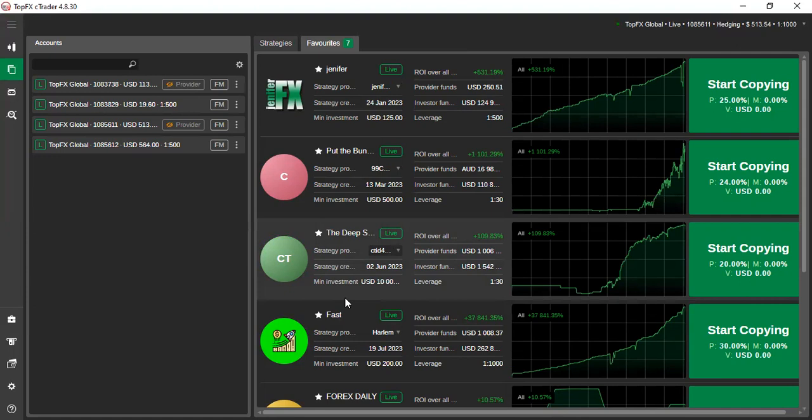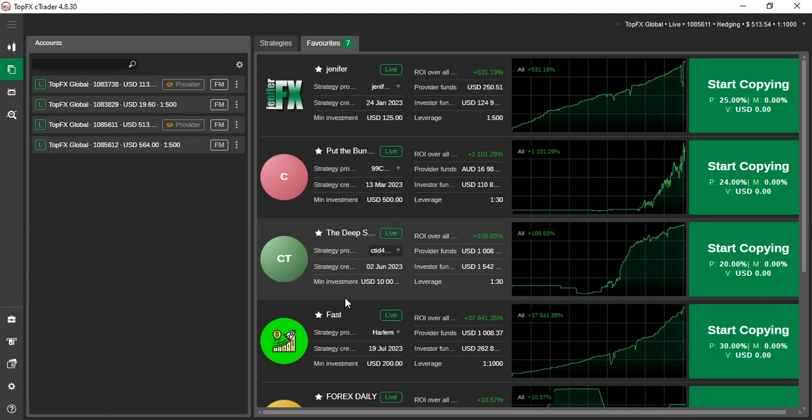But cTrader in general allows as low as a minimum of $100. So every strategy provider is able to allow a minimum of 100 USD to copy them. Any amount less than 100 USD cannot copy any trader on the cTrader platform.